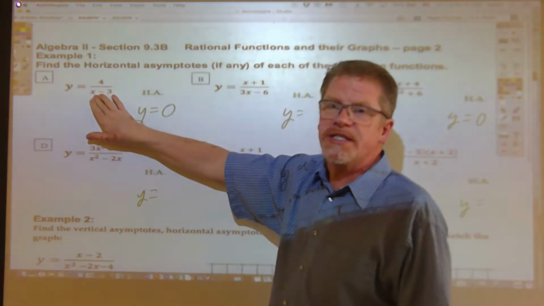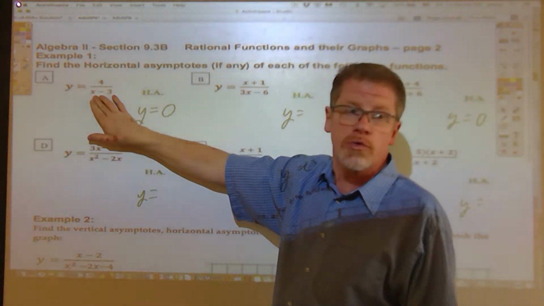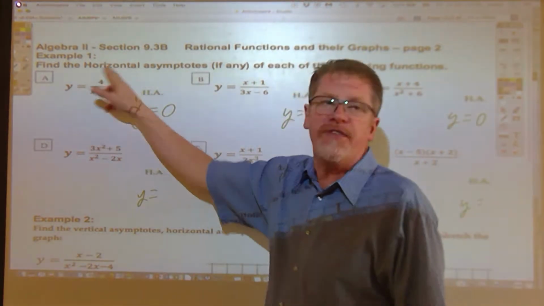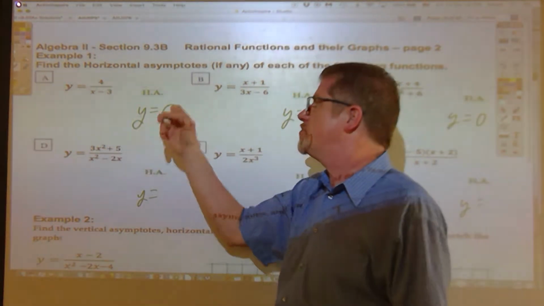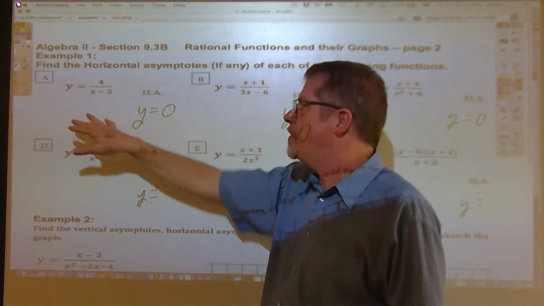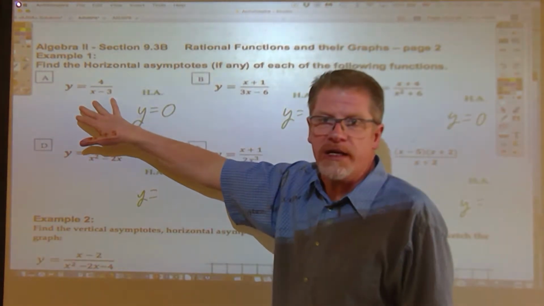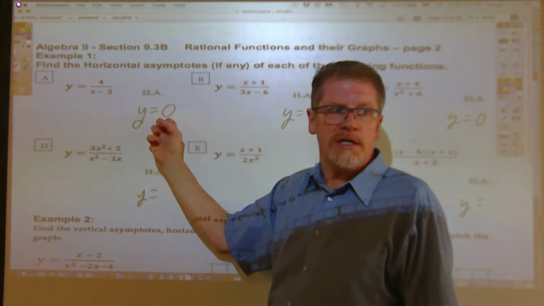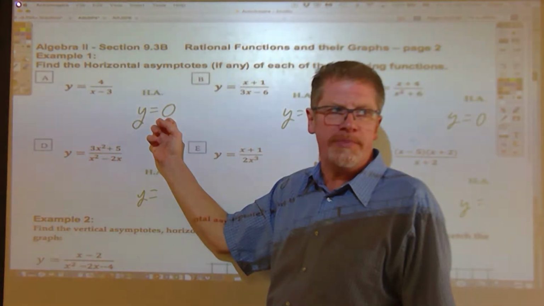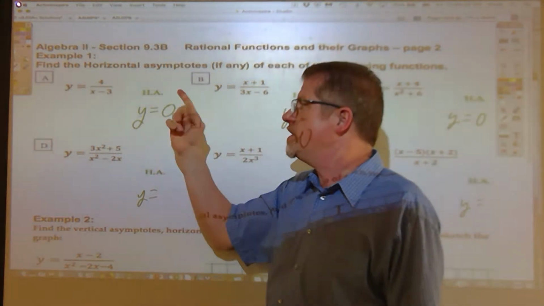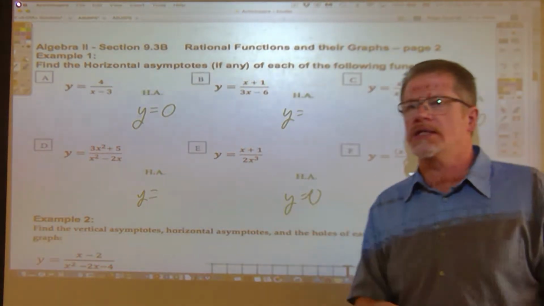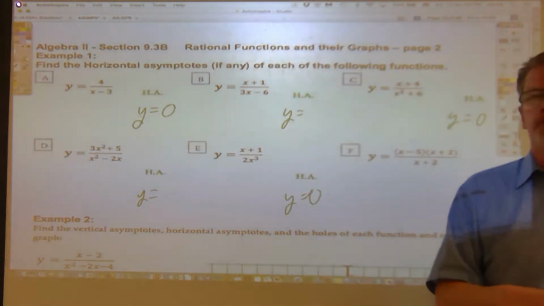Look, the denominator, if it's bottom heavy, is going to grow much faster than the numerator, and so the overall value of the fraction is approaching 0. That's why when a function is bottom heavy, its horizontal asymptote, which is a descriptor of its global behavior, goes to 0. Any questions on why A, C, and E all have a horizontal asymptote at y equals 0?